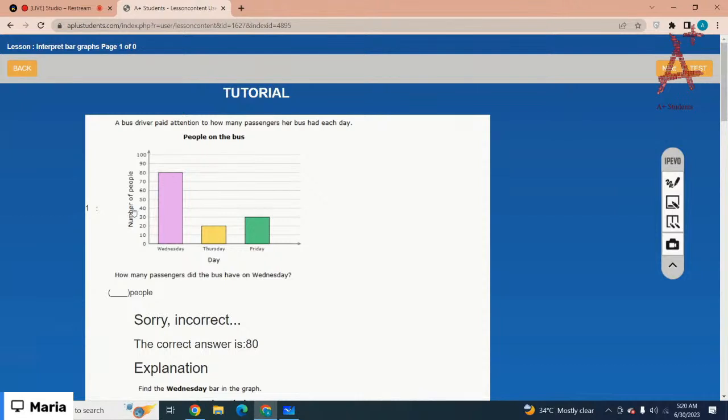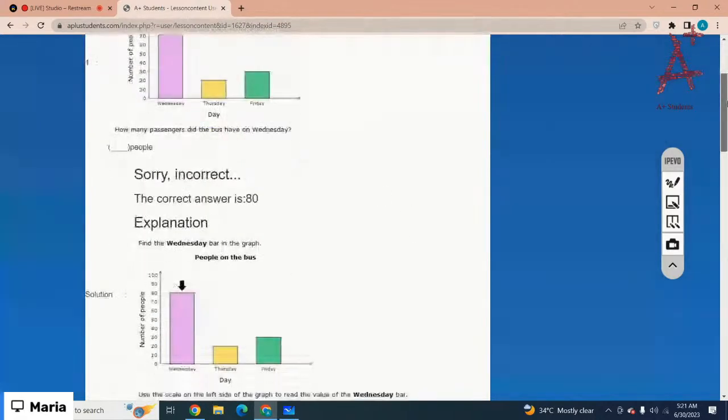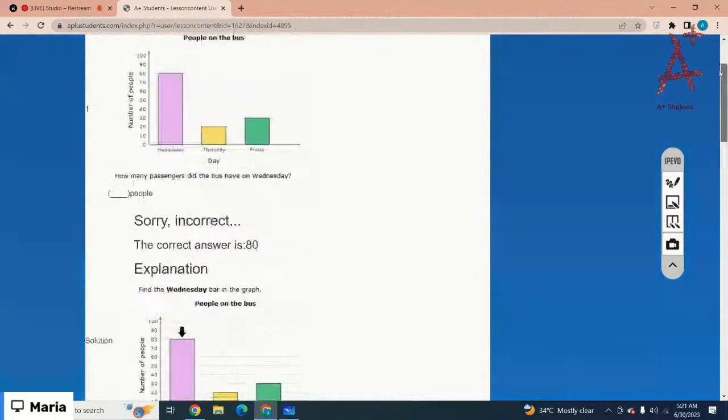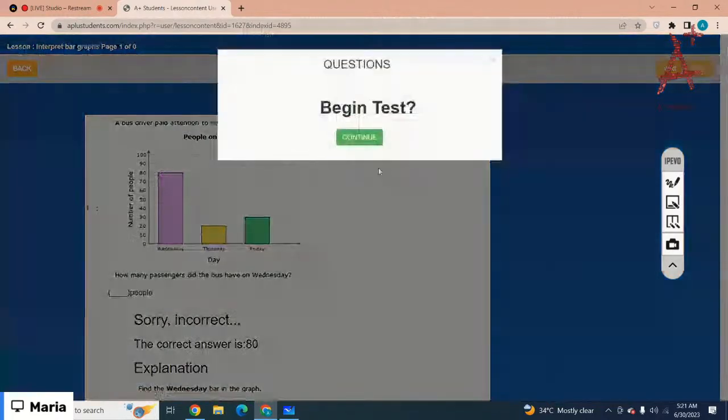So you have to look for how many passengers the bus had on Wednesday. So just look at the bar, here you have Wednesday, and match it on the y-axis. It would be 80. That means on Wednesday the bus had 80 passengers. Let's just start with the practice questions.